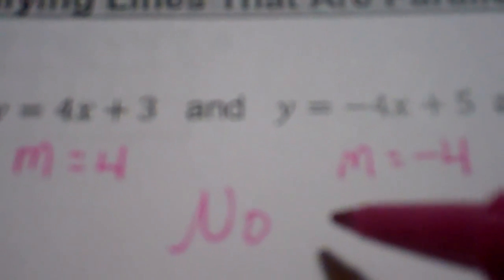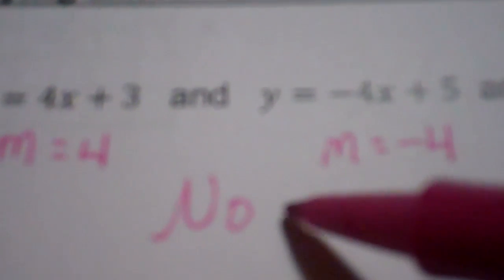Explain why or why not. Okay, well, let's find the slope of this line is 4, and the slope of this line is negative 4. So they have to be exactly the same number to be parallel. So these are not going to be parallel. The slopes are not the same.